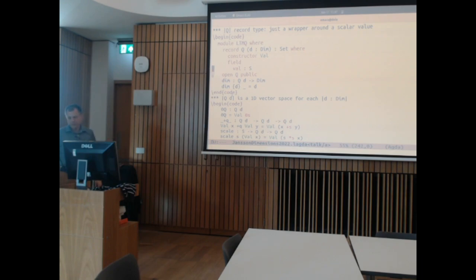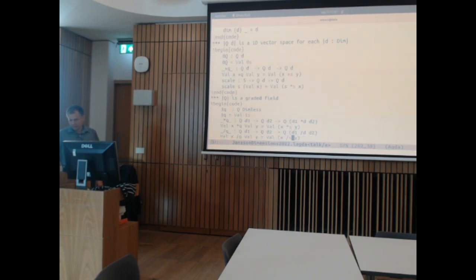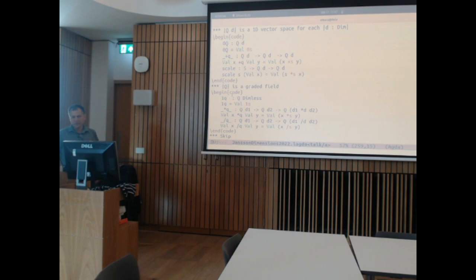So this is a type, this dimension function, and then, not surprisingly, the zero quantity has just a zero inside it. Addition is addition, scaling is multiplication of the underlying scalar data type, and also multiplication. The unit is 1.